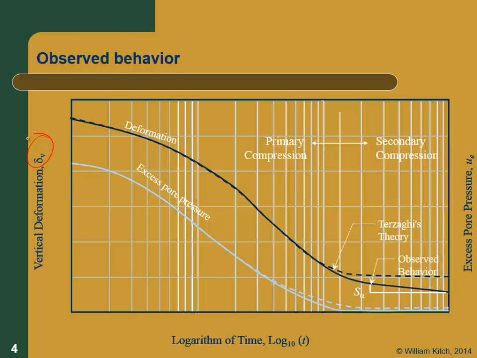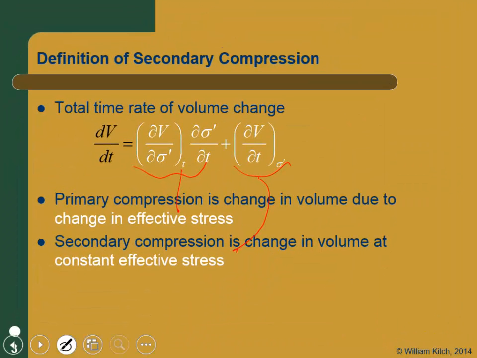during secondary compression. Now how do we know at this time that there's no primary consolidation going on? Well, because what's the change in effective stress as a function of time there? Zero. So this term is equal to zero, right?